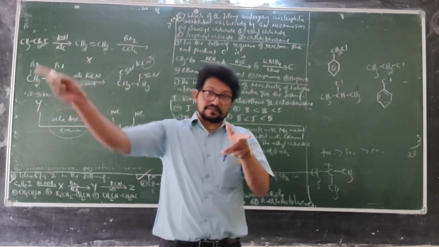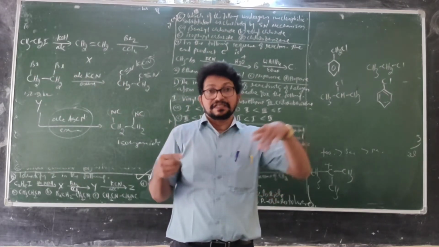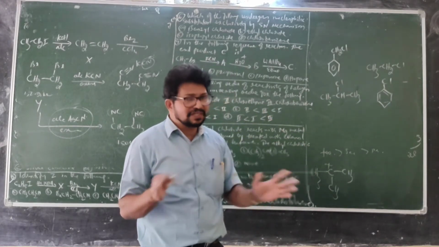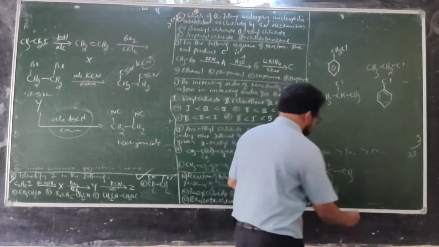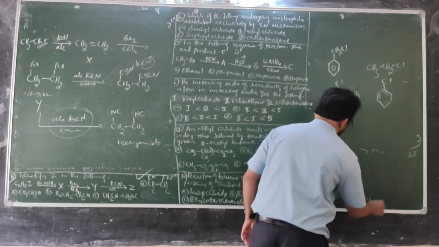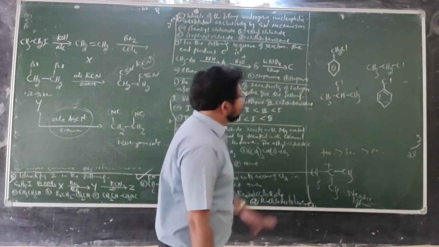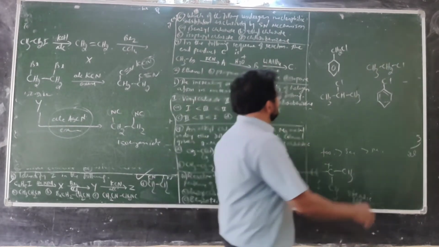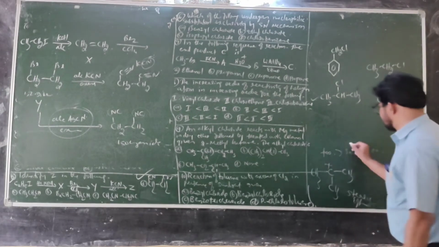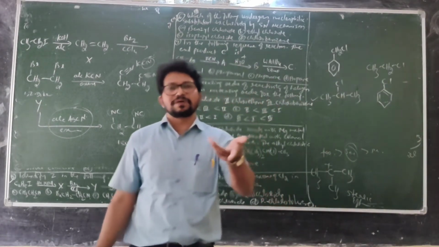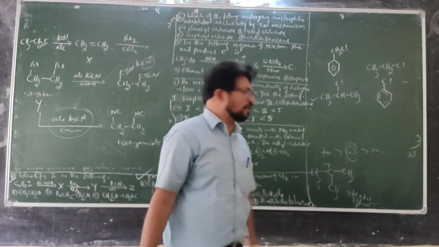SN2 means simultaneously leaving group and incoming group should exist, which cannot happen because of steric effect. Okay. But here, tertiary is not there. Secondary is there. It has both the possibilities. It may go by SN2, it may go by SN1. So both are probable.